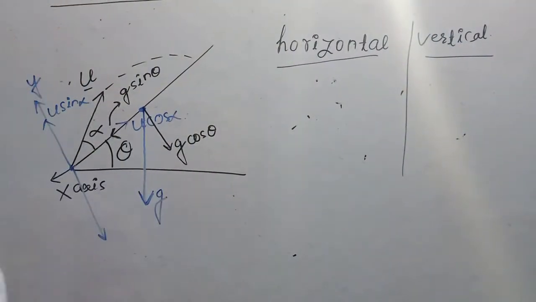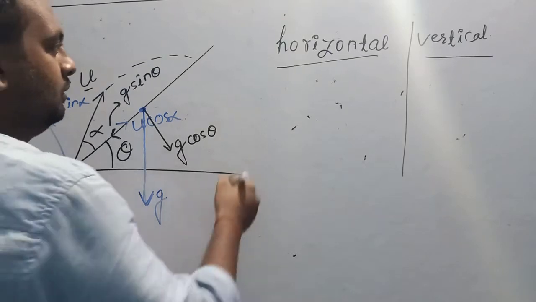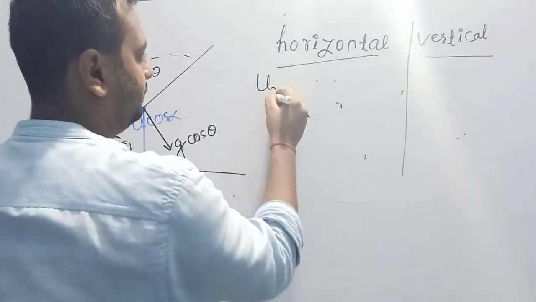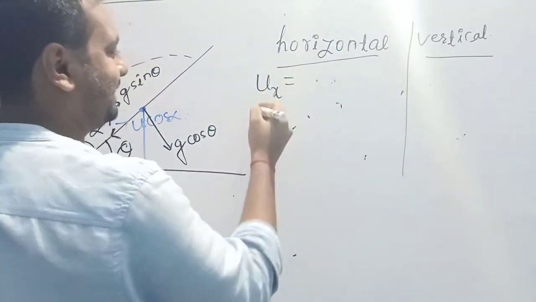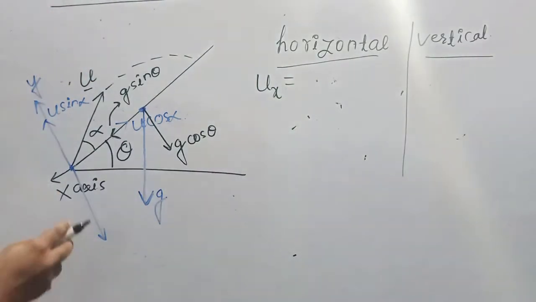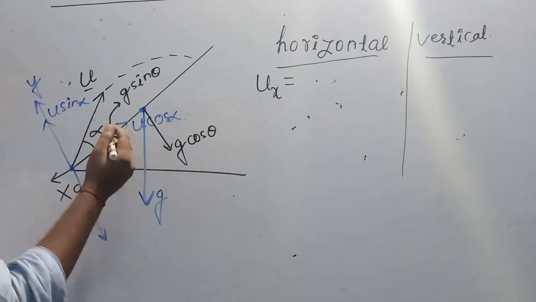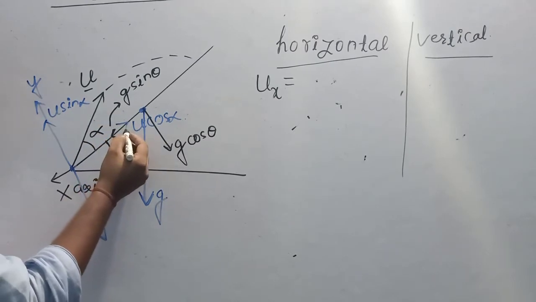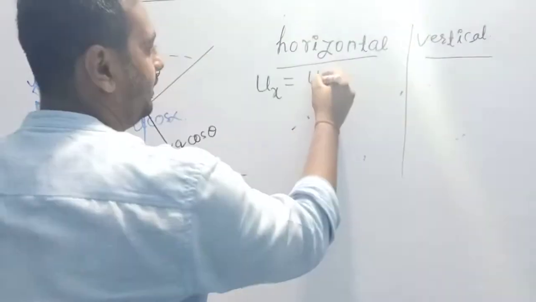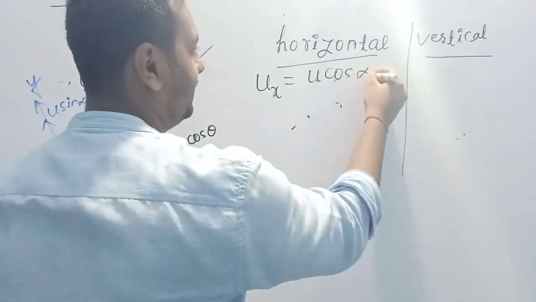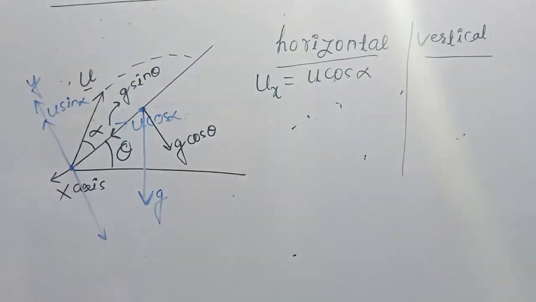In the horizontal direction, the x component of initial velocity is u cos alpha, that is denoted by the blue arrow, and this u cos alpha is in the positive direction of x.